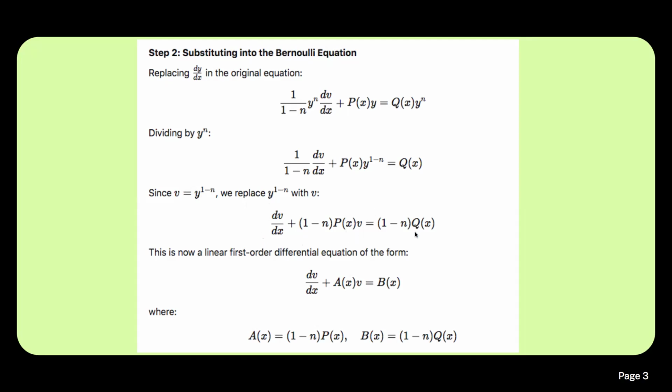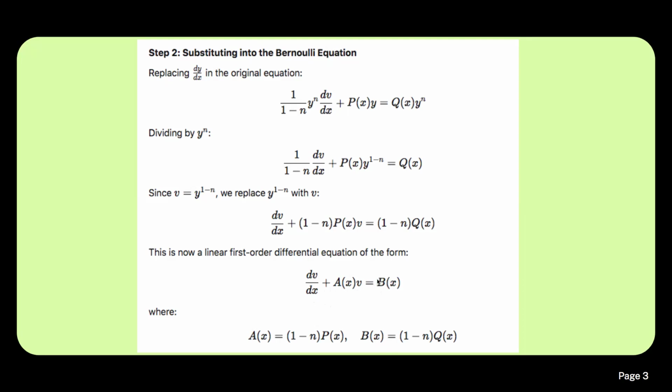This is the form of v's differential equation. If we treat this part as a(x) and this part as b(x), we can rewrite it as dv/dx + a(x)v = b(x).